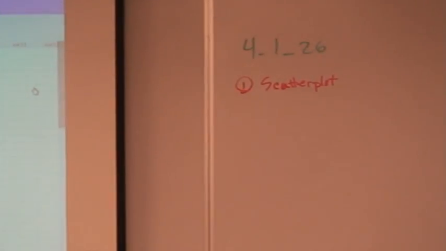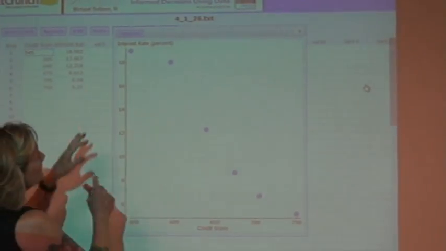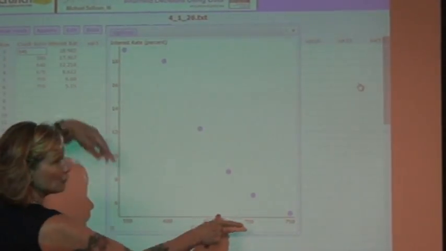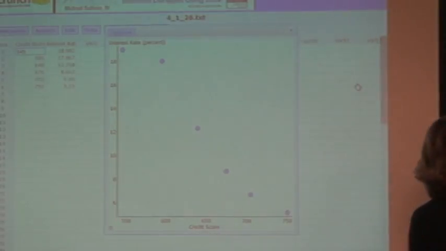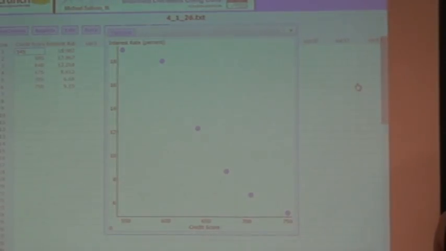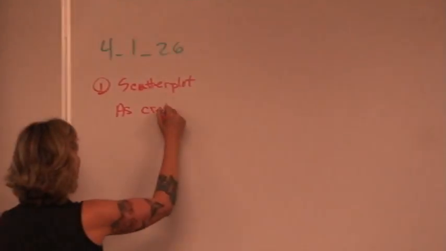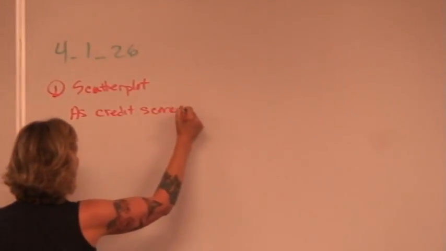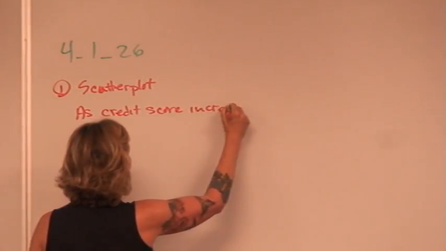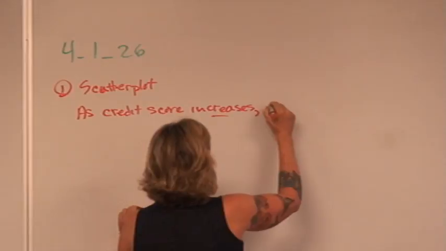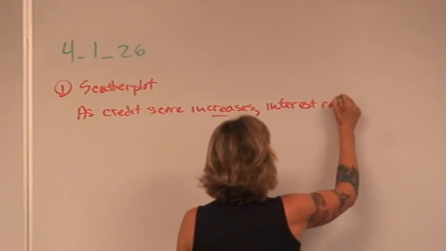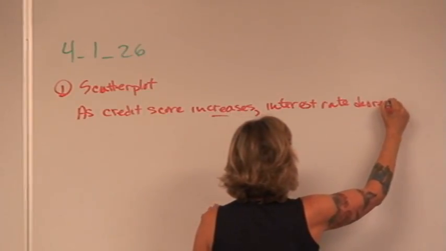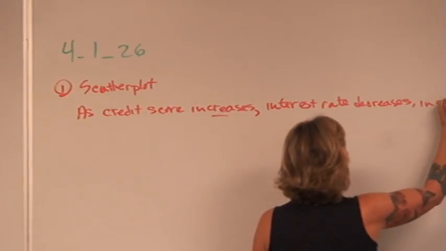If we were asked to comment on that scatter plot, we would say, as credit score increases, interest rate is decreasing overall, in general.